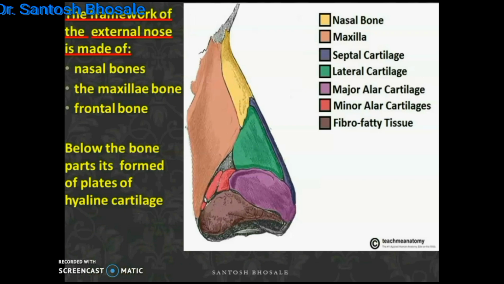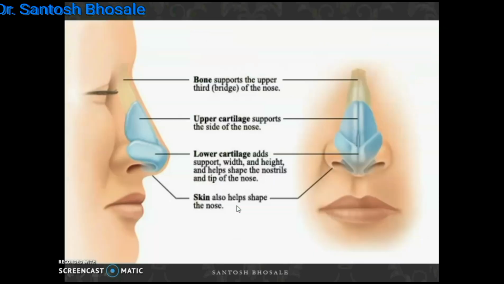The framework of the external nose is made up of cartilage and bones. The bones forming it are the frontal bone, the nasal bones, and the maxilla on either side, and the cartilages are the septal cartilage and the lateral cartilage forming the dorsum, and the major alar cartilage and minor alar cartilage guarding the ala with fibrofatty tissue.